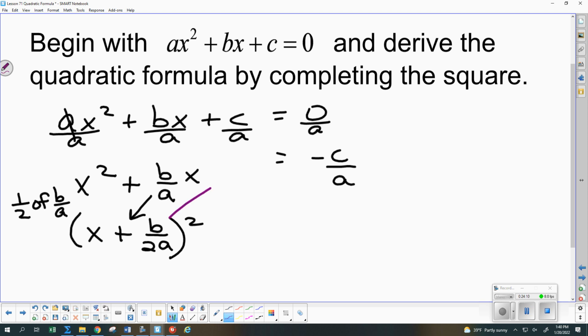Then we know that we have to square that and add it to both sides. So we had to take whatever that b over 2a is and square it. It helps me if I write it down like that on the left, and then I'm actually going to square it out on the right. B over 2a times b over 2a is b squared over 2a times 2a is 4a squared.